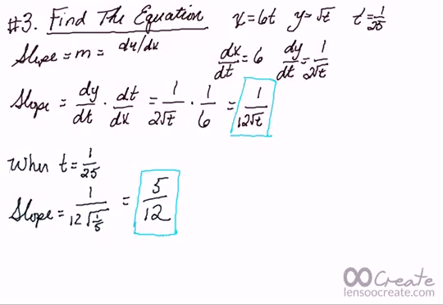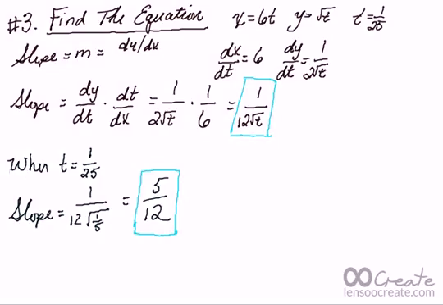And that's dy over dt times dt over dx, which is usually written as dy dt divided by dx dt. I just happen to do the inverse because once I find the derivatives of those functions in relation to t, it's easier for me to just do what I've done here.